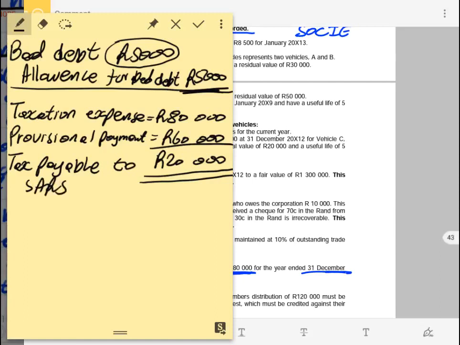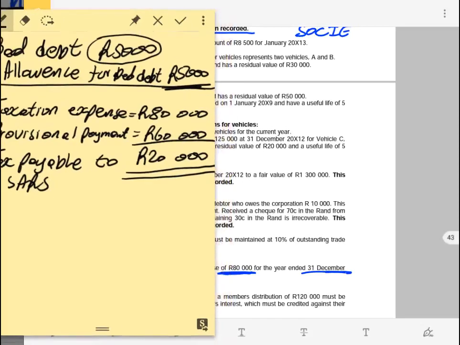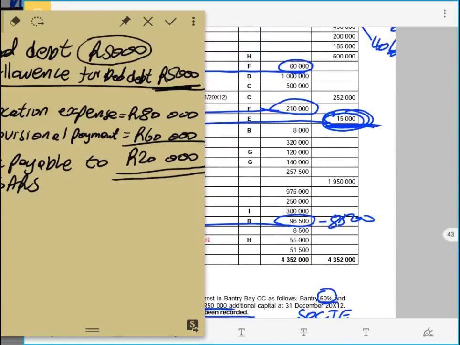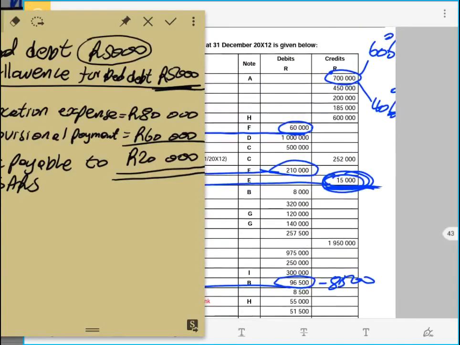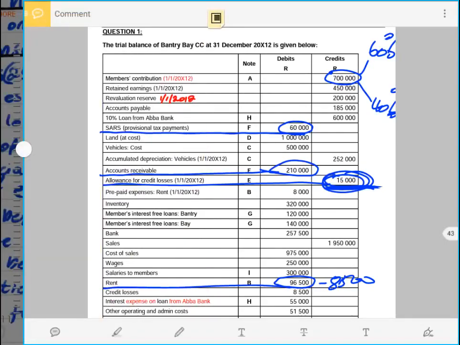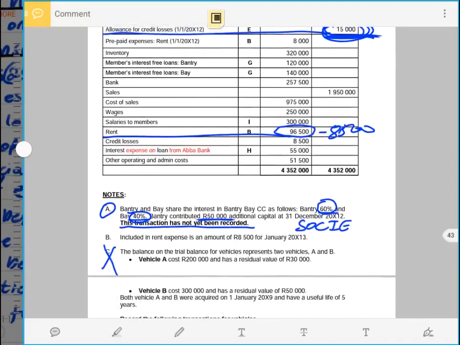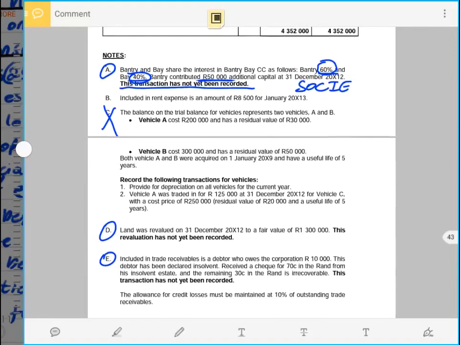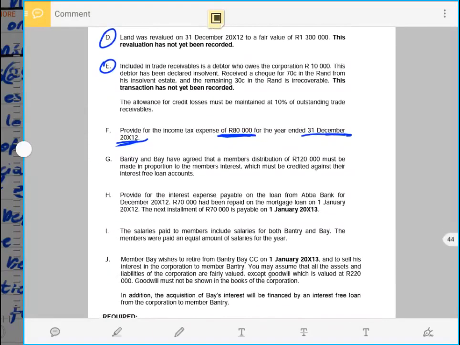And the tax payable to SARS in this case will be 20,000 rands, because what we're supposed to have paid was 80,000 rands. And we only paid in the trial balance the 60,000 rands that you see there. So that is why 20,000 rands is tax payable to SARS. That is also very important to take into account with regard to the tax side on the close corporation.